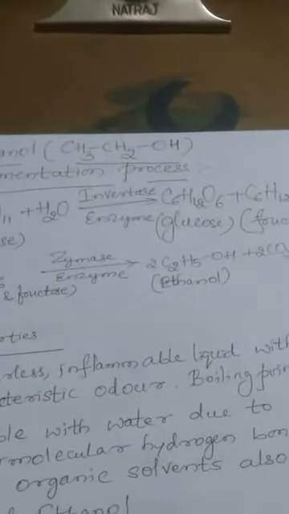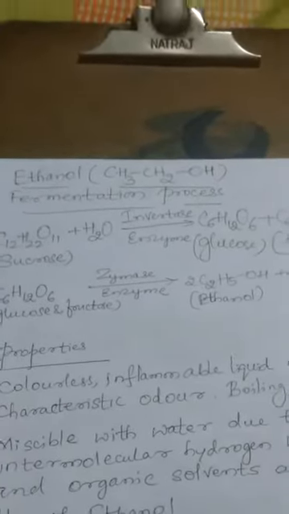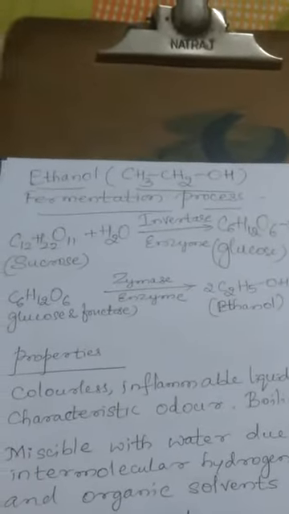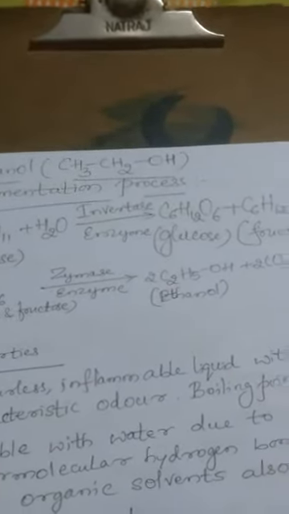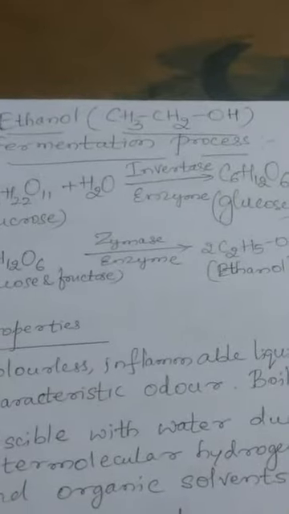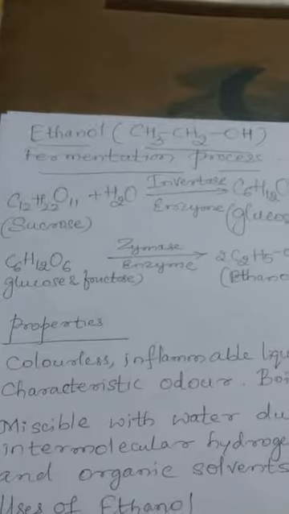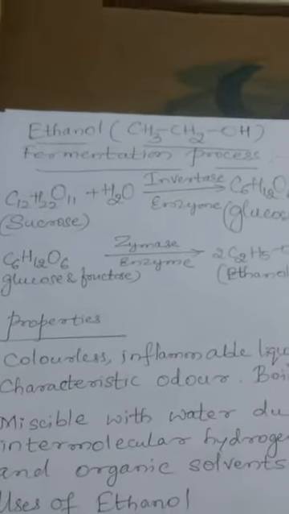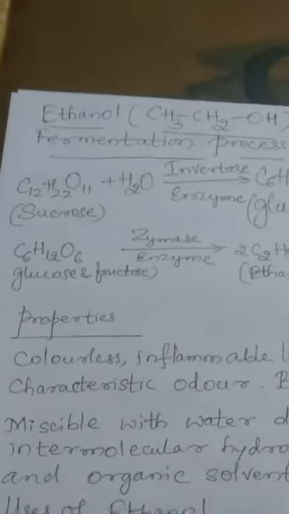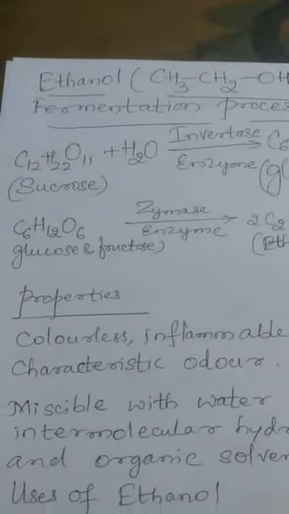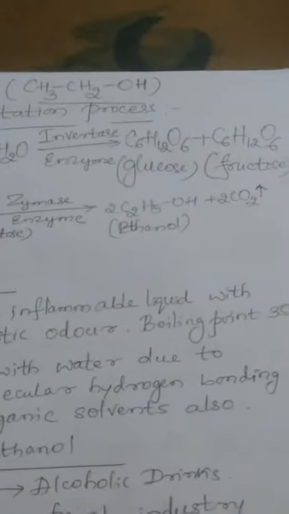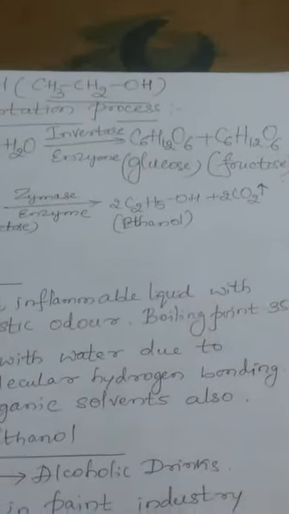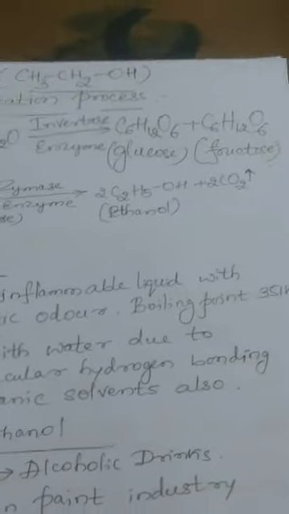Now there are two important enzymes present in yeast. The first very important enzyme is called invertase. Invertase is the enzyme present in yeast which breaks down the disaccharide sucrose, C12H22O11. It is hydrolyzed to a molecule of glucose, C6H12O6, and a molecule of fructose, C6H12O6.